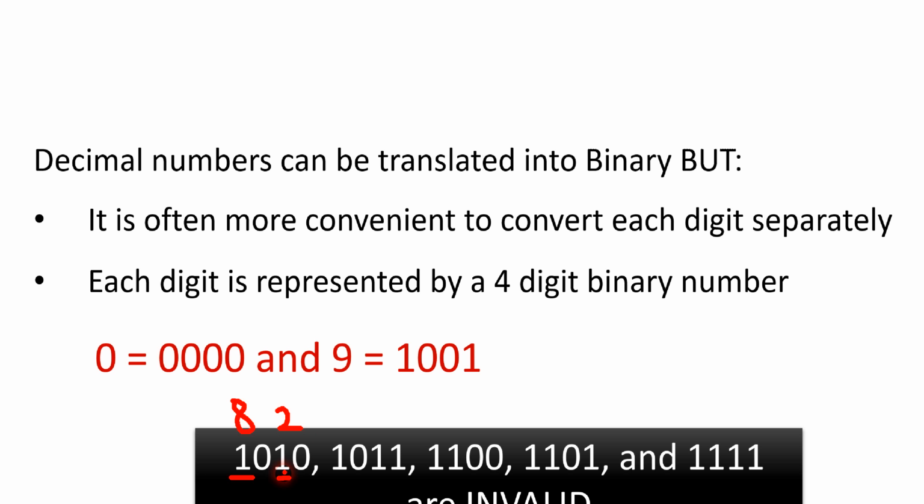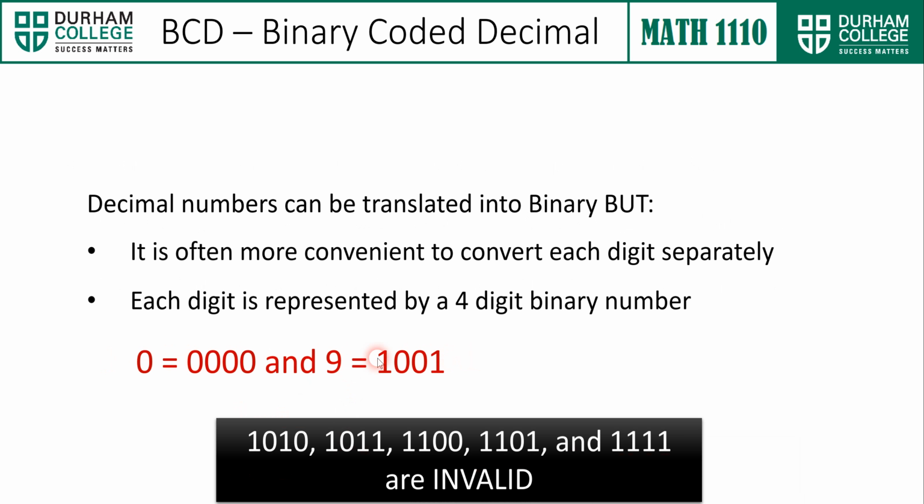So 8 plus 2, that is 10, right? And 10 is not found in decimal as a single digit, as we just go from 0 to 9. So that is why all these numbers are not valid BCD numbers, right? They are invalid. So that is something we need to be aware of.